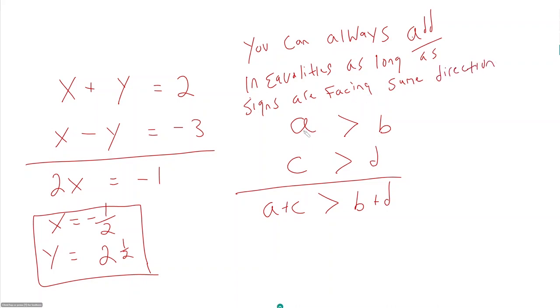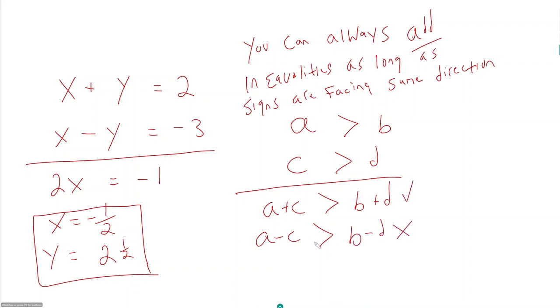So if A is greater than B, C is greater than D, A plus C is going to be greater than B plus D. Now, you cannot subtract these two inequalities in order to say A minus C is greater than B minus D. So this is legit.